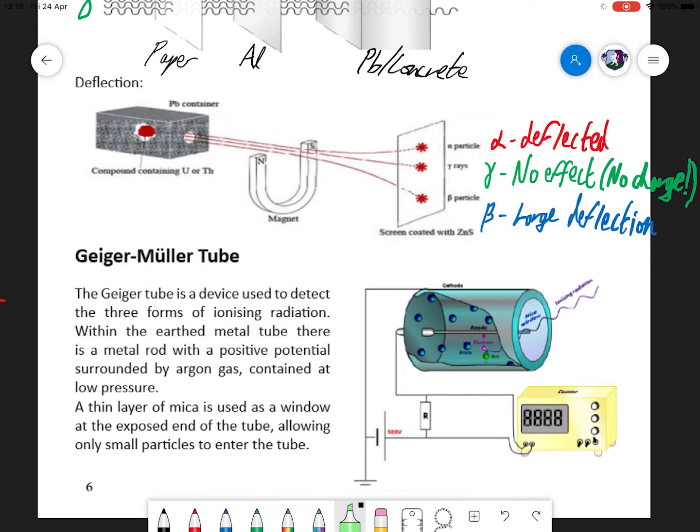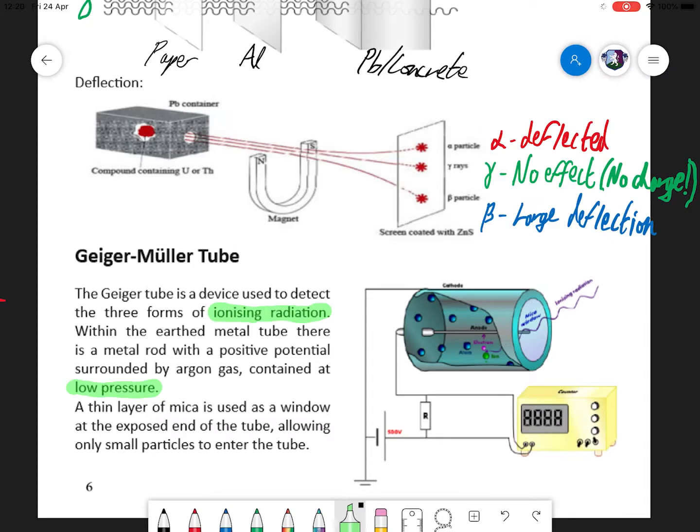Now, this diagram at the bottom shows us the Geiger-Müller tube in its structure, broken down so you can see what happens inside. So we're shown that there is a metal rod with positive charge, an anode, in the center of the tube itself, whereas the outside is the cathode, it's the negatively charged part.